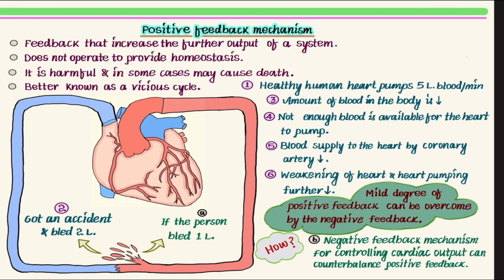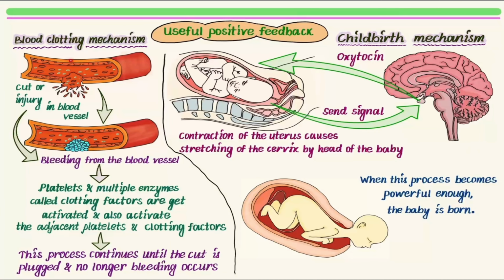In which cases is the positive feedback useful? That is when it is part of a negative feedback mechanism. For example, you can see in this picture, in the case of the blood clotting mechanism, the positive feedback clotting process is the negative feedback process for the maintenance of normal blood volume in the body.